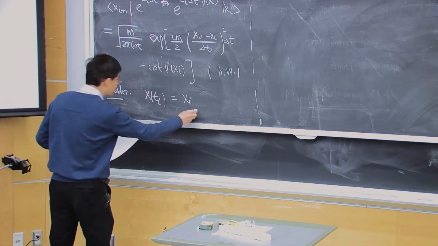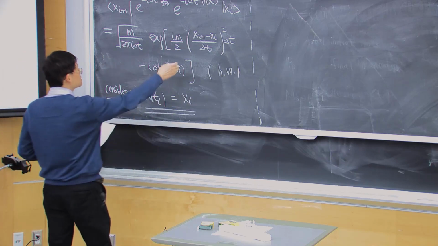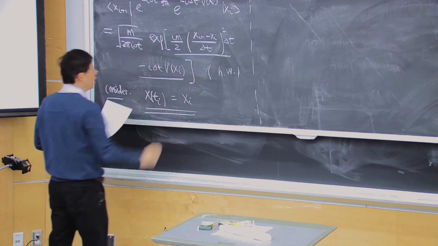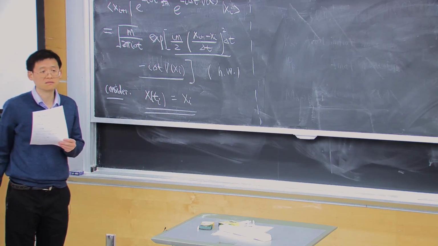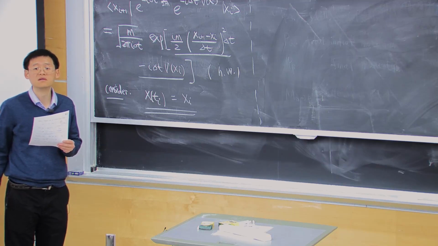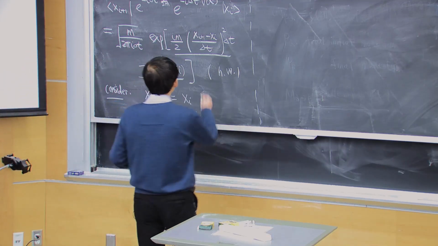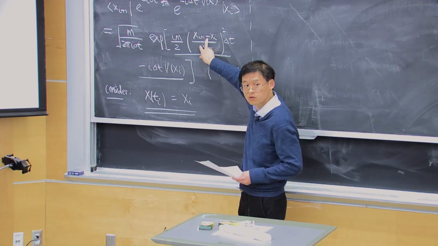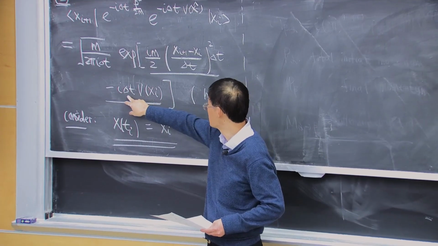If you think this way, the thing in the exponential becomes a very familiar object. So what is this object? Yes, the Lagrangian, exactly. This is just like the time derivative, so this is just like x dot squared, and this is just like V times delta t.